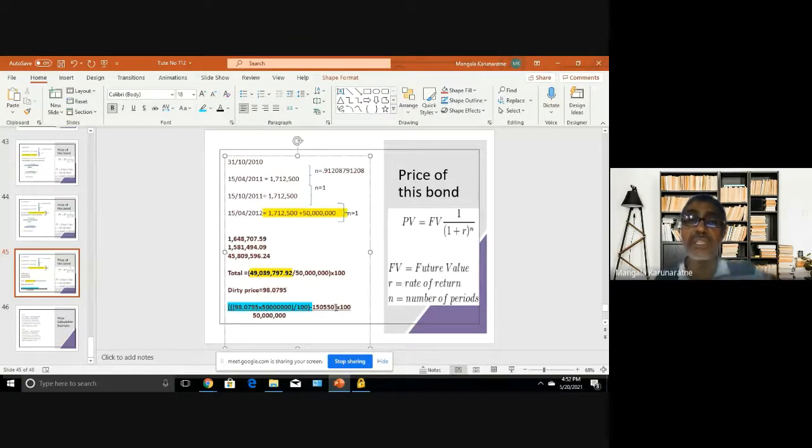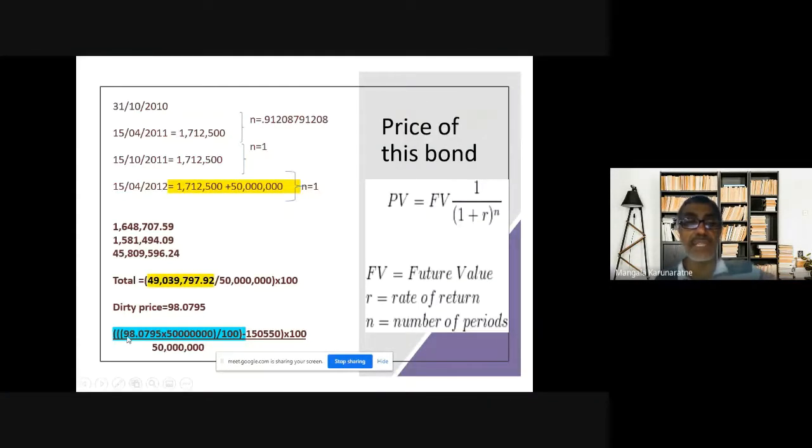Now this calculation, we have the dirty price here highlighted in light blue, and we deduct 150,550. That is our accrued interest, right? So then you get this answer.